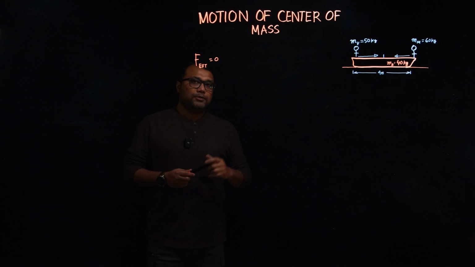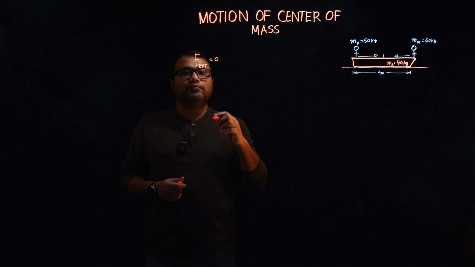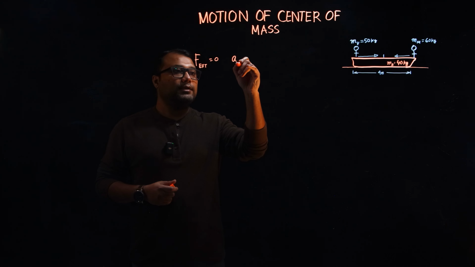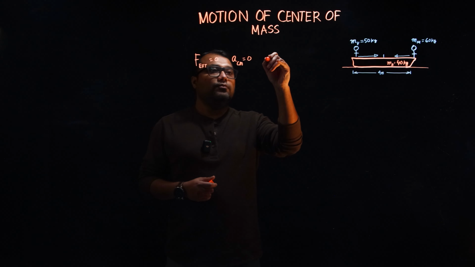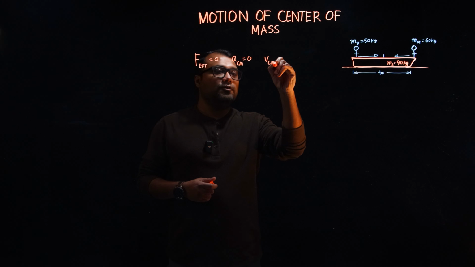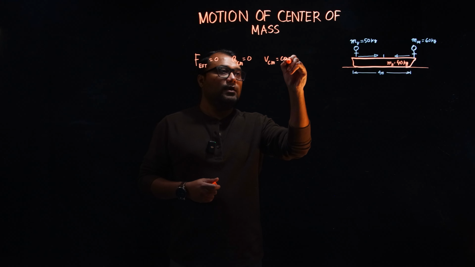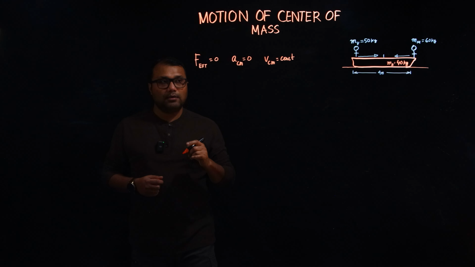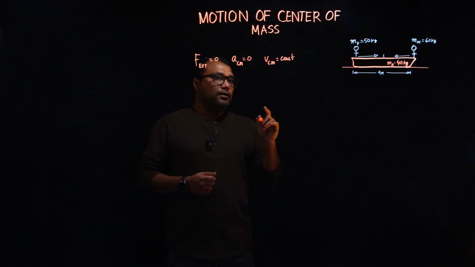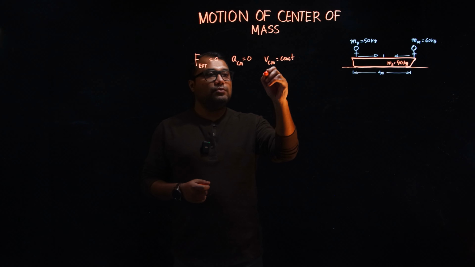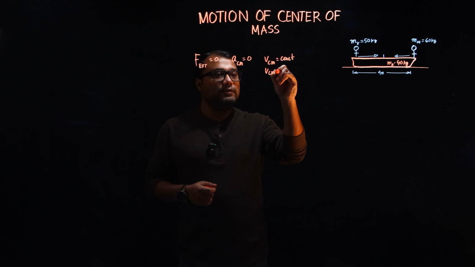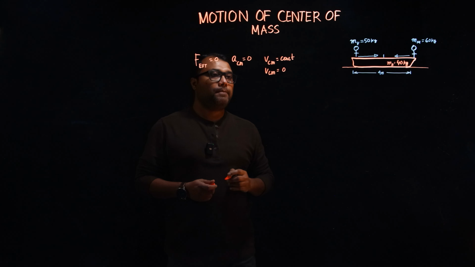So if F external is 0, which means there is no acceleration, acceleration of center of mass is 0, which also means velocity of center of mass is a constant. Now since the boat was initially at rest, we can say velocity of center of mass is 0.